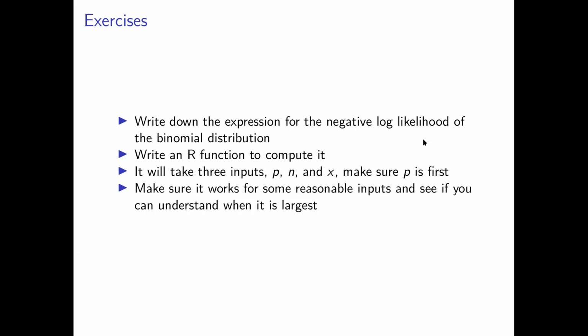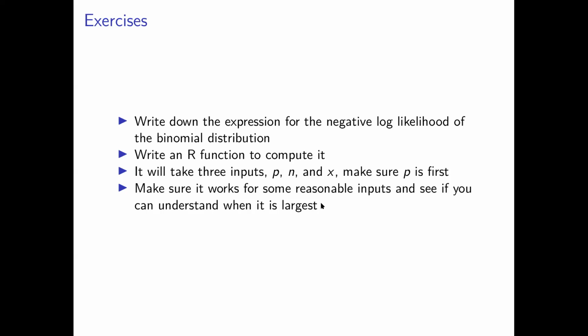It'll have three inputs, P, N, and X, matching the definition of the binomial distribution from the first lecture recording for lecture 4. Make sure that P is the first input into your function, because that's the parameter we're going to optimize. And the optimizer always assumes that your parameter is the first input.